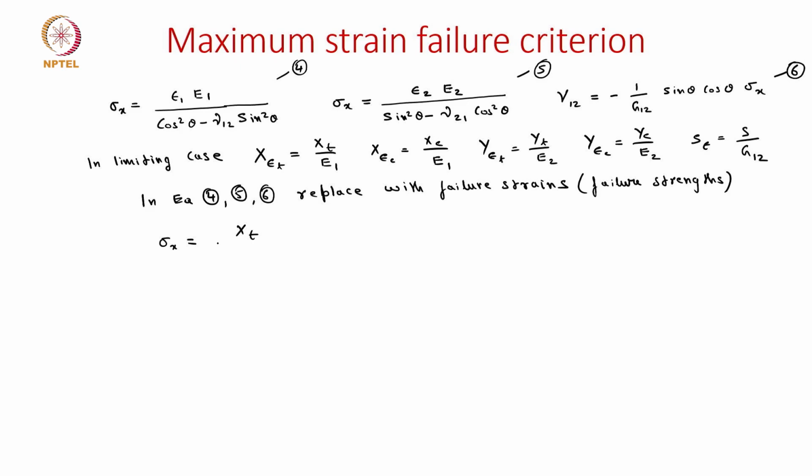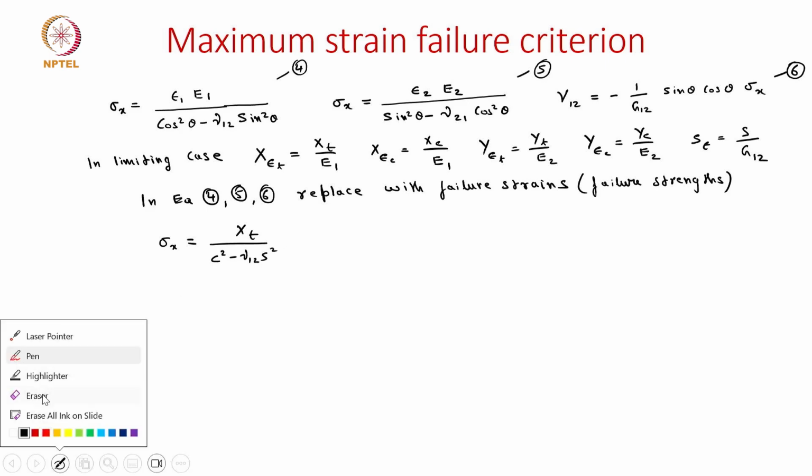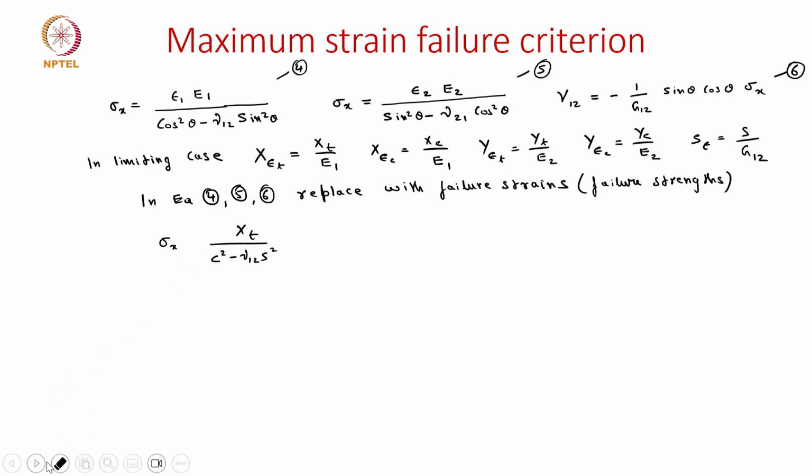So it is simply xt by cos square theta minus nu 12 sine square theta. So in the limiting condition I should not write it as equal to, but simply I should write it as less than.